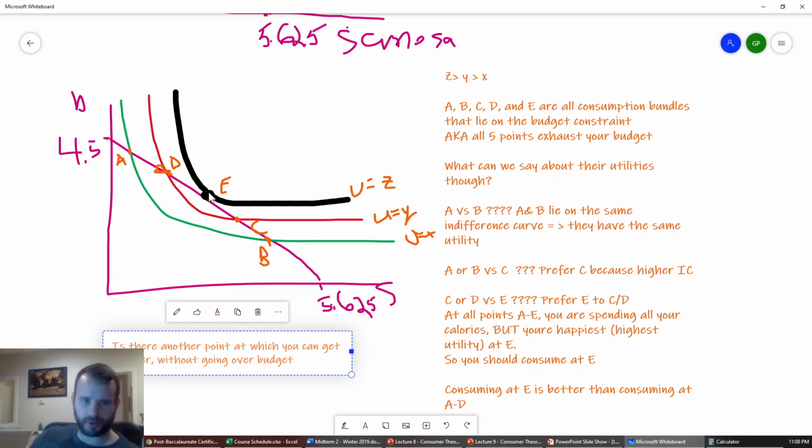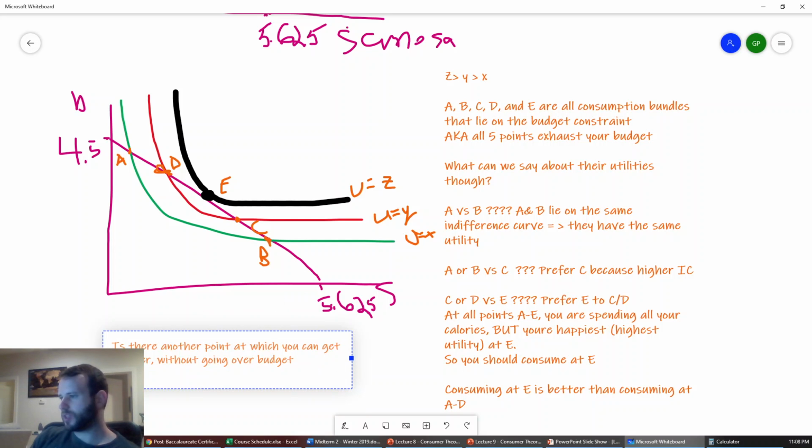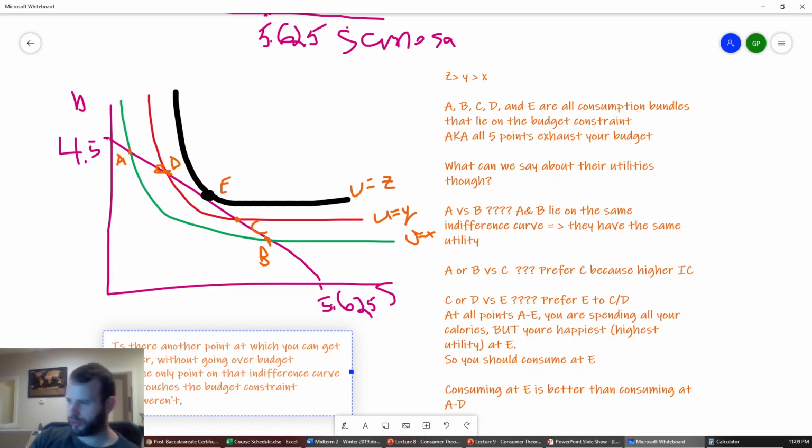It's kind of hard to see how I drew it because I suck at drawing, but E is the only point on that indifference curve that touches the budget constraint. If it weren't, well, it would touch at 2 points.